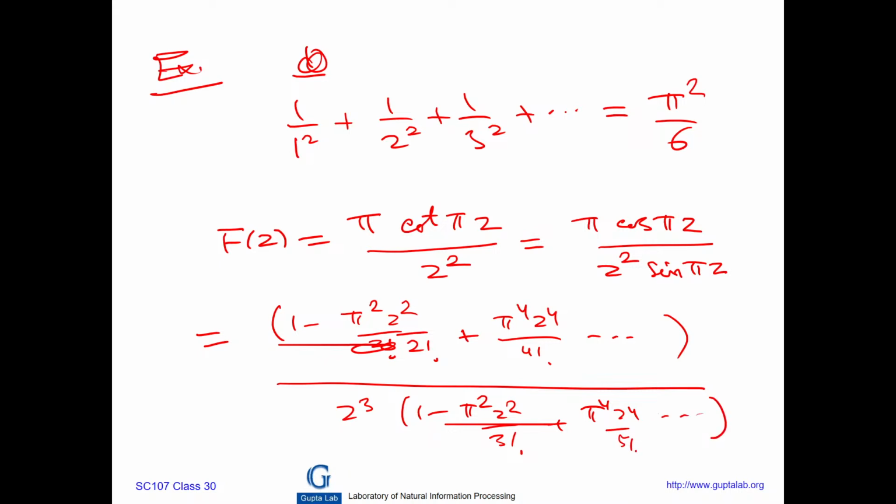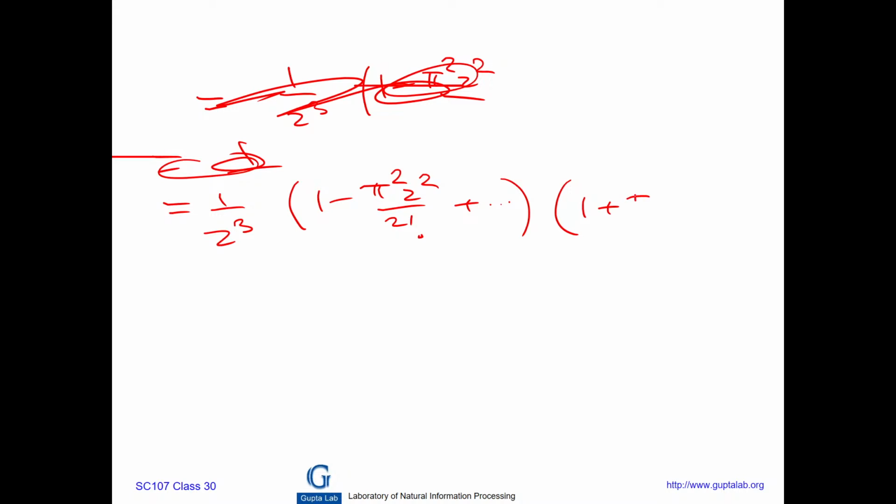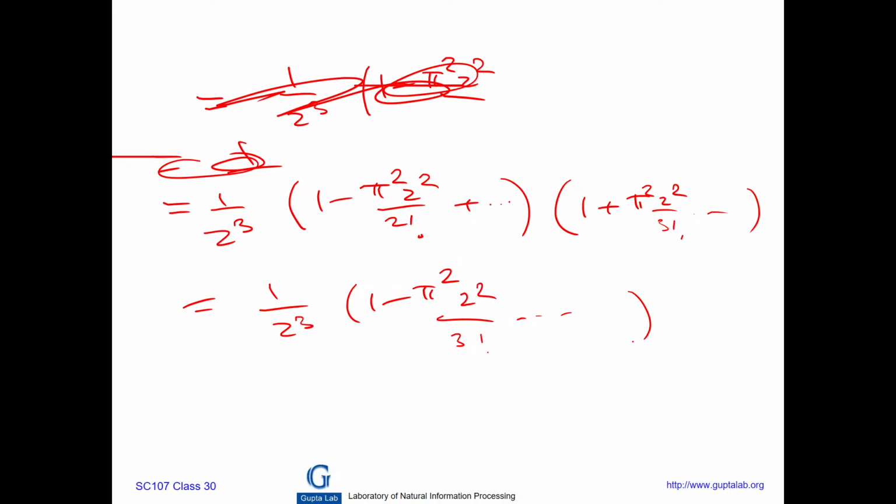I am just expanding the series, and finally after simplification this turns out to be 1 over z cube times a series in z, with terms like pi square z square by factorial 2 and pi square z square by factorial 3 and so on, right? So basically we get a function like this.